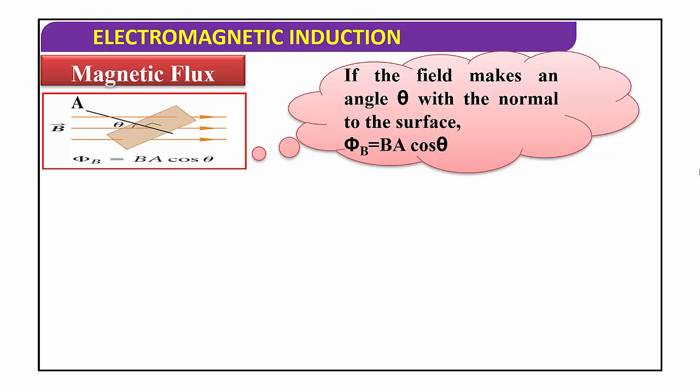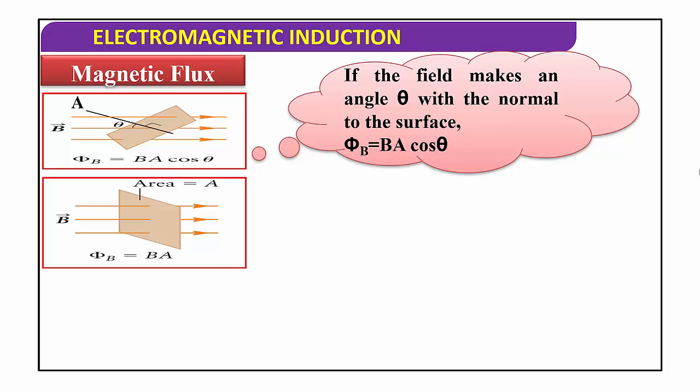When you consider a plane surface, for that surface I am going to consider a normal. Normal means the line perpendicular to the surface. That normal and the magnetic field lines which are passing through that surface, that angle we take as theta. What is the equation? Magnetic flux phi B equal to B dot A or BA cos theta. Now you can observe the second picture.